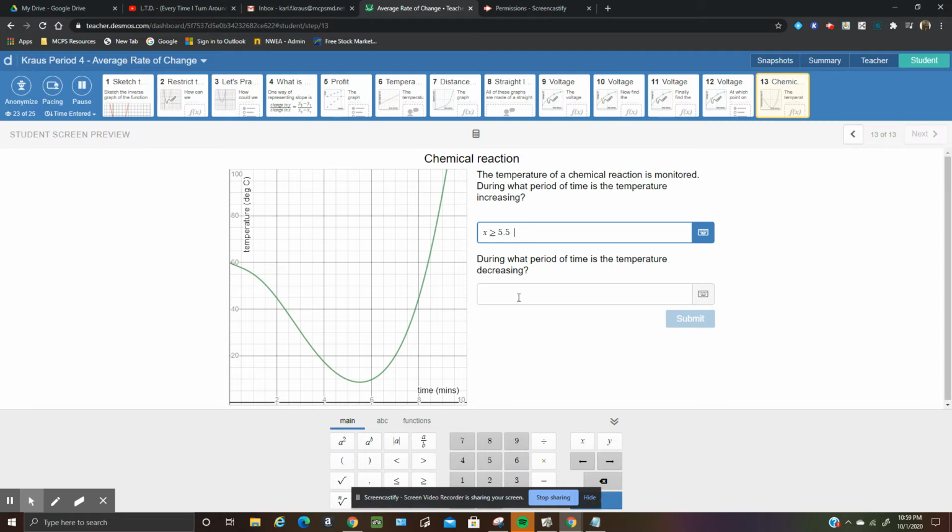And what period of time is the temperature decreasing? So between time 0 and 5.5. So we can put T here for time in minutes. And then this one would be 0 less than T less than 5.5.